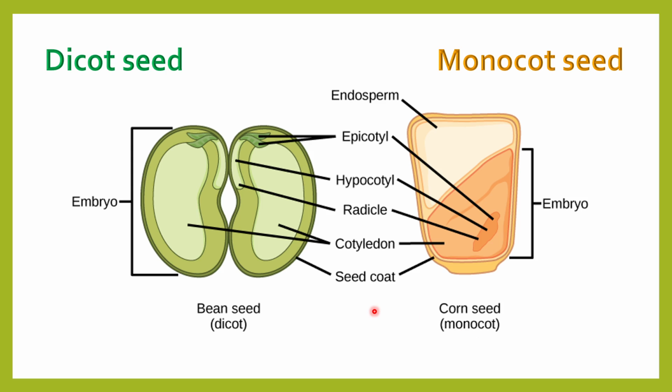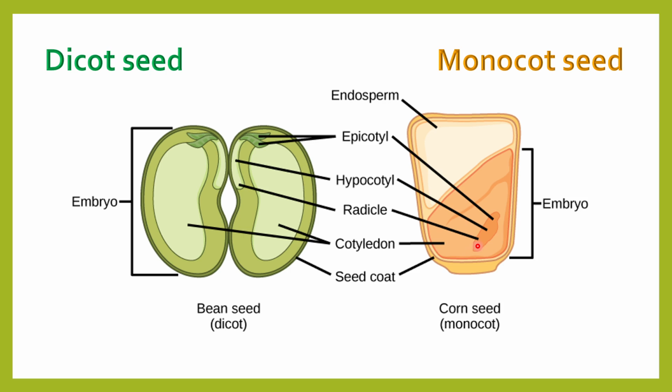So we'll start from seed coat. This is the seed coat of the dicot seed and this is the seed coat of the monocot seed. So cotyledons, these are the cotyledons of the dicot seed and this is the cotyledon of the monocot seed.